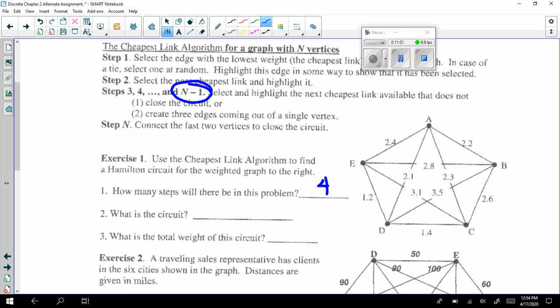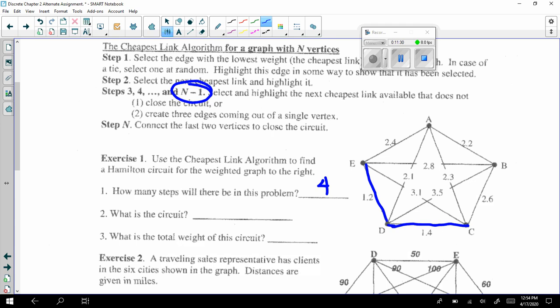So for this one, I chose the smallest one, which is 1.2. So I chose 1.2, and then next there I had 1.4. So far, so good. All right. Then my next one, I have 2.1, but I cannot use that because that one's going to give this guy 3 edges coming out.